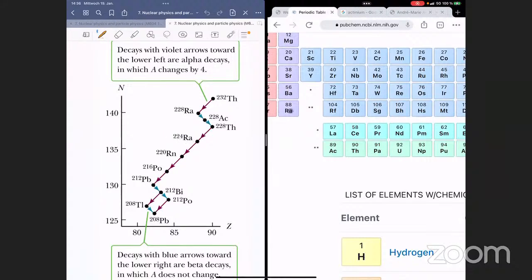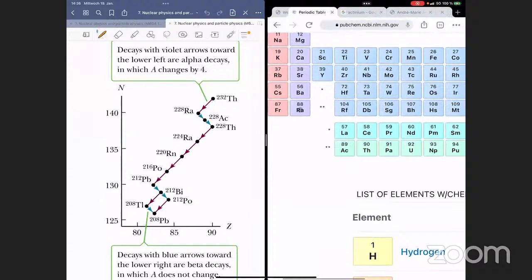The same element, 88 protons. Two protons have been discarded, separated into an alpha particle. Two neutrons will go away, two protons will go away as an alpha particle.